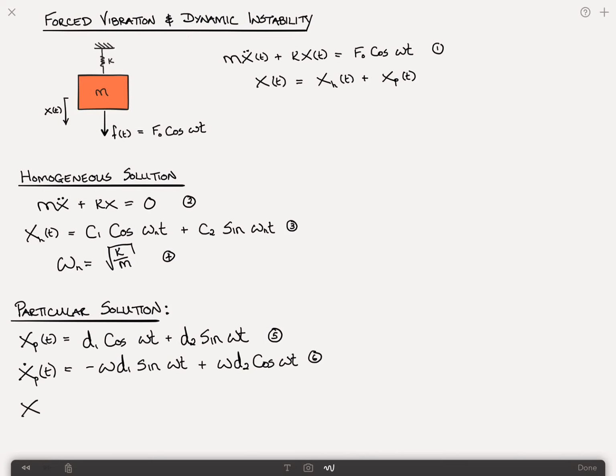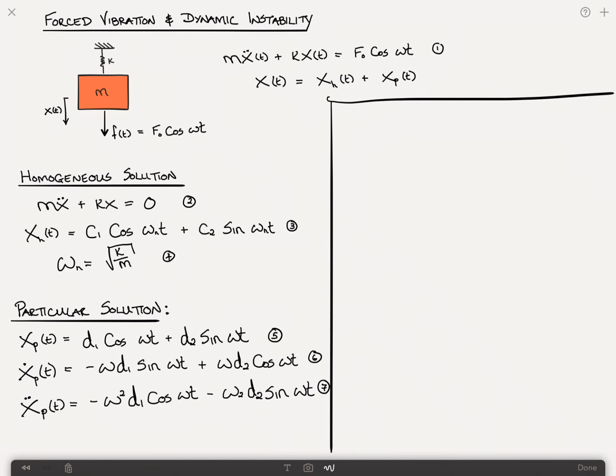And then the acceleration, which is the second derivative, x double dot sub p of t is equal to minus omega squared d1 times cosine of omega t minus omega squared d2 times sine of omega t. Call that equation 7. All right, I'm going to make some space here to continue on the same page.